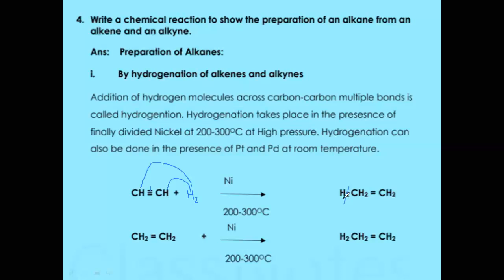This is hydrogen in the reactant. Mistakenly, it is over here. So you can see on the reactant side we have one hydrogen molecule, and on the product side we have two more hydrogen atoms, because addition of hydrogen takes place. So this will be the reactant in the second step.